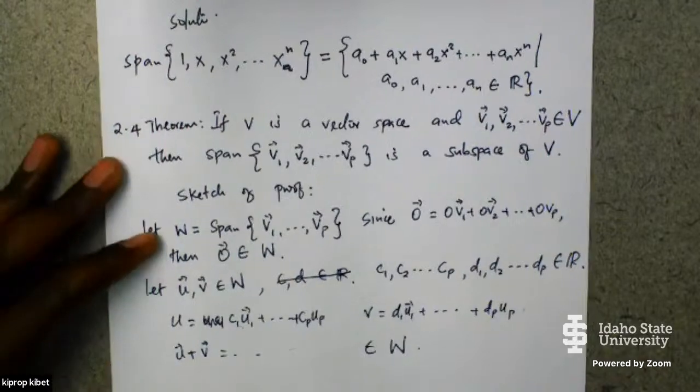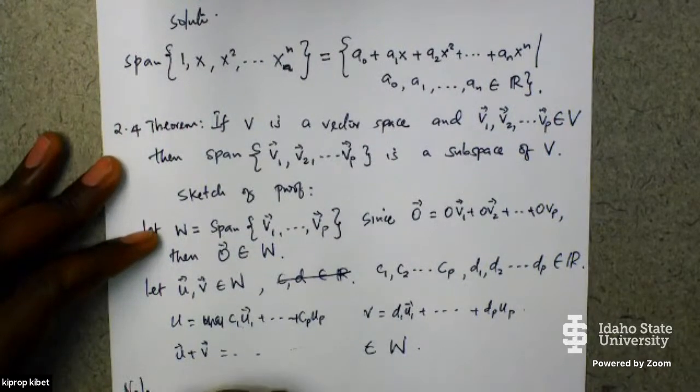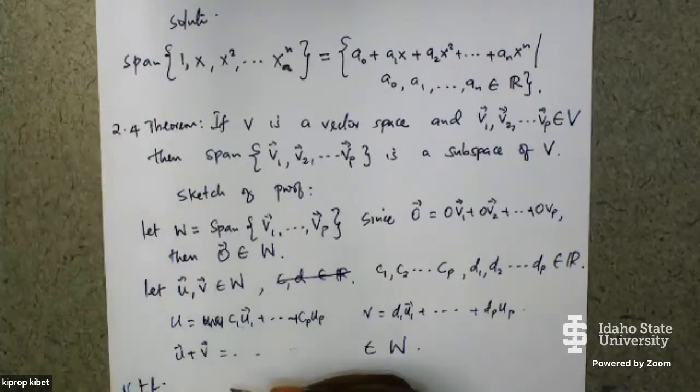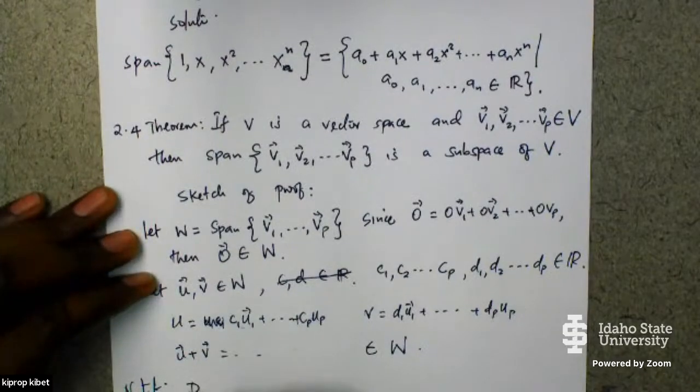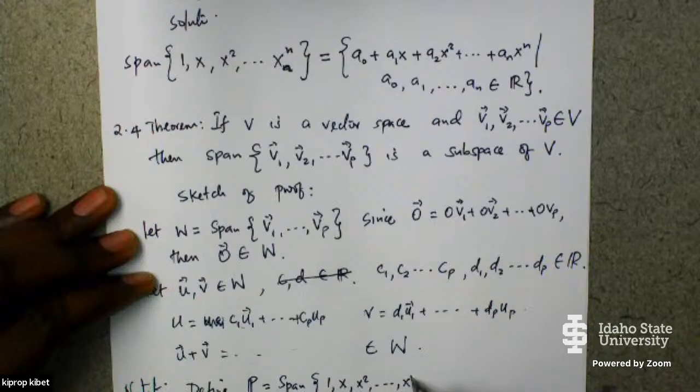Okay, now let's look at the notation here, which we already defined. We can define the capital P to be equal to the span of 1, x, x squared all the way to x^n.